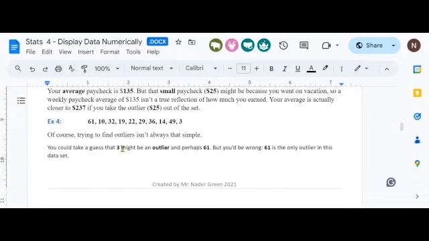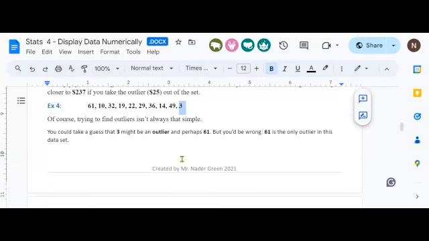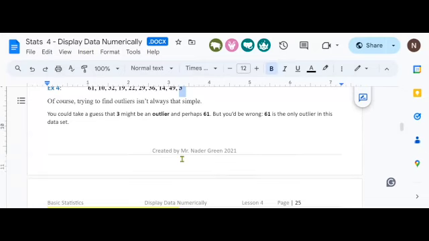You could take a guess that 3 might be an outlier and perhaps 61. But you would be wrong. 61 is the only outlier in this data set. It's the only one, not 1, not 3. If we do the calculation, then you will figure out why it's not 3. So we have to do this by calculation. Up to here is clear?